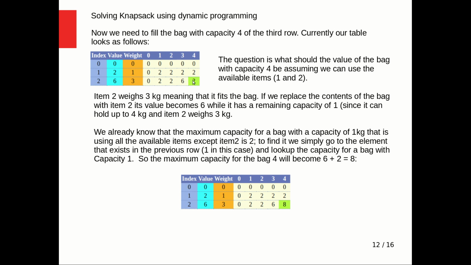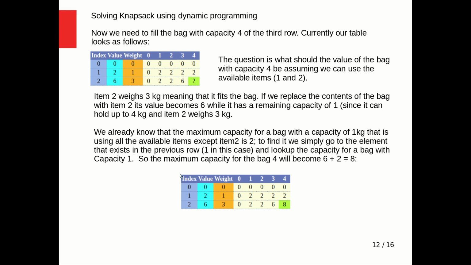Since 8 is larger than 2, which is the value that our bag had before, then it is easy to understand that we have to place the value 8 to the bag with capacity 4.